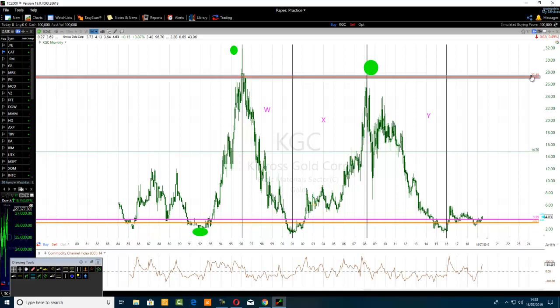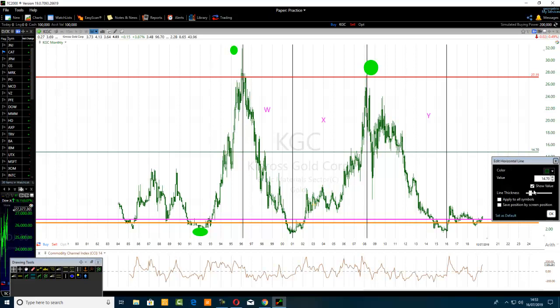So between $27 and $3, the price is consolidating, and the median line is somewhere roughly at $14.70. So draw those lines on your chart, okay?